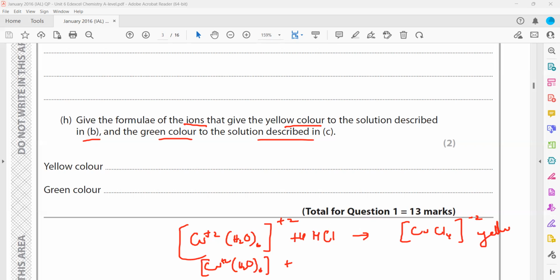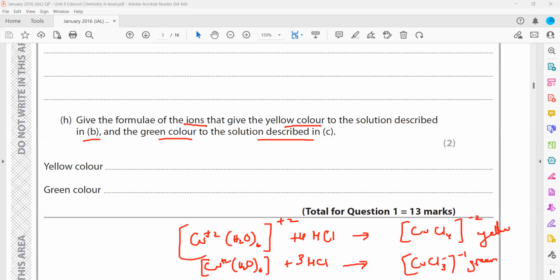But if we have the same complex and we are adding HCl, when we add HCl, if three chlorides are replacing them, it will form CuCl3 with a charge of -1 overall, and that is responsible for a green solution.